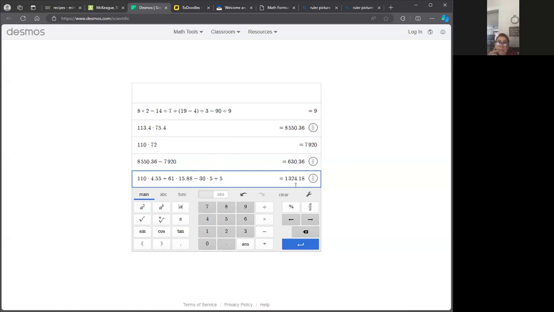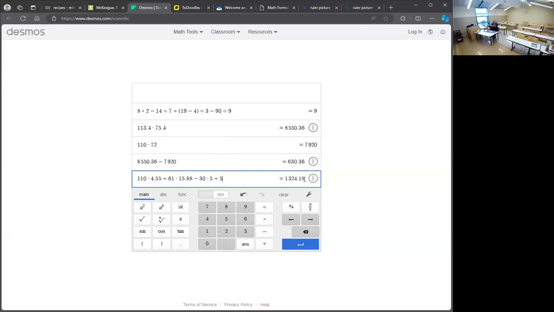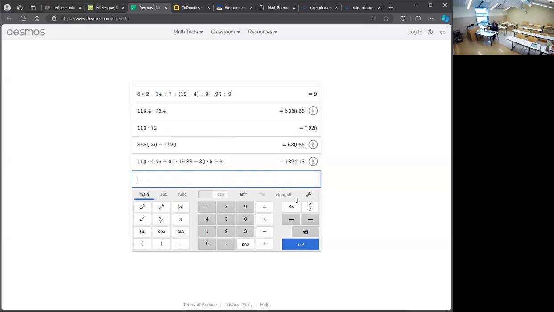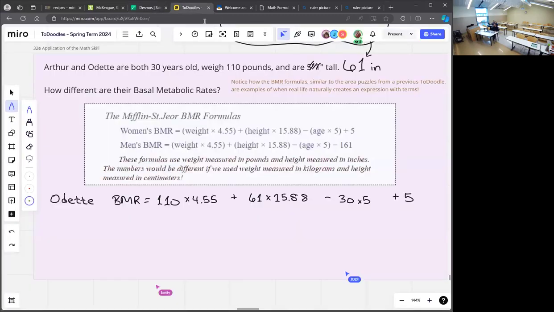So 1,324, and I'm going to round to the nearest calorie, because none of this is that accurate. So it's about, I will be polite and make the squiggly equal sign, that means I'm rounding, 1,320 calories per day.